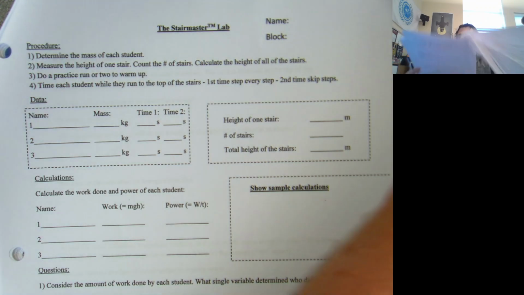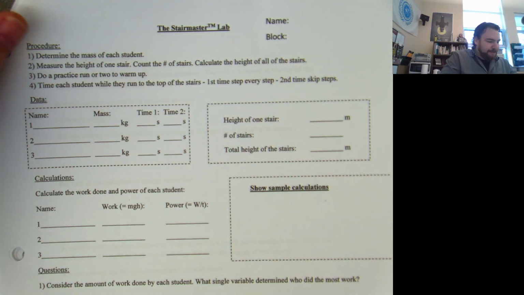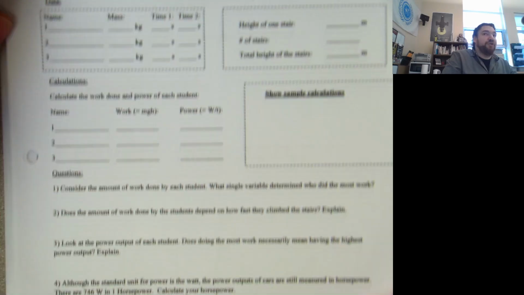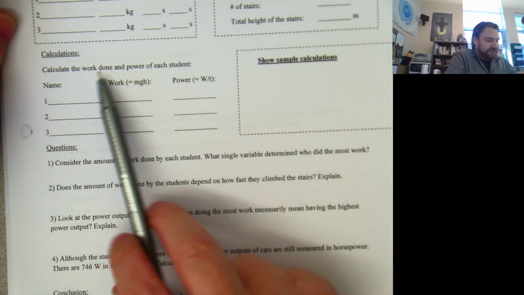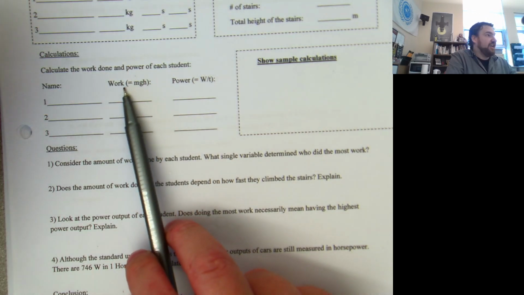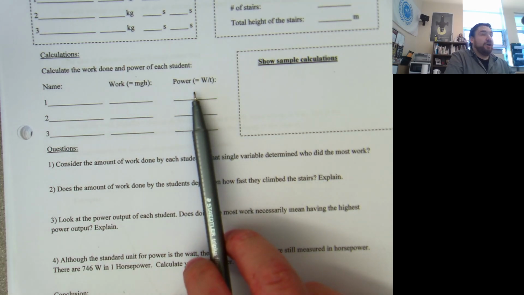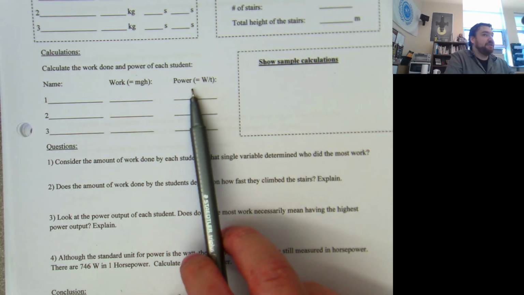And then in both cases, you'll have done it twice here. Calculate the work done and the power of each student. The work will be the same in each case. You're still maximizing. You're still going up the same height. The only difference between your 2 runs could theoretically be the time taken.